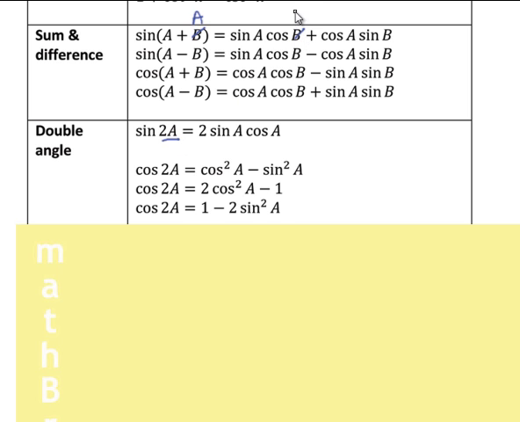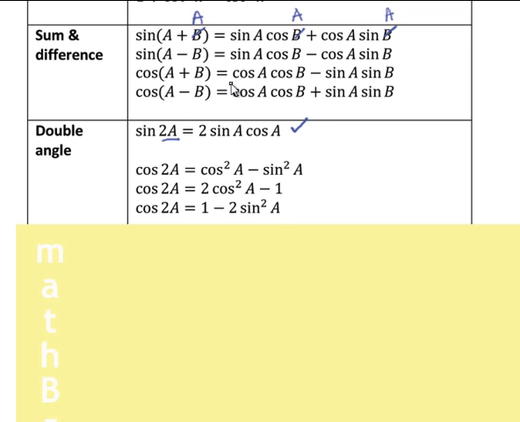What we're doing is replacing each b with an a. So here we have two terms which are the same, sine a, cos a, and here we also have sine a, cos a. So that's 2 sine a, cos a. So that's where this one comes from.